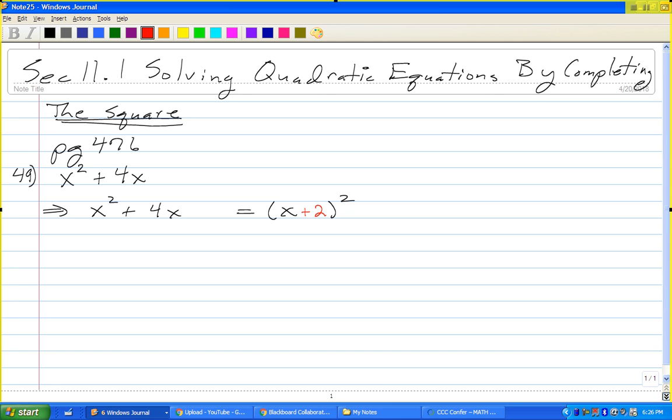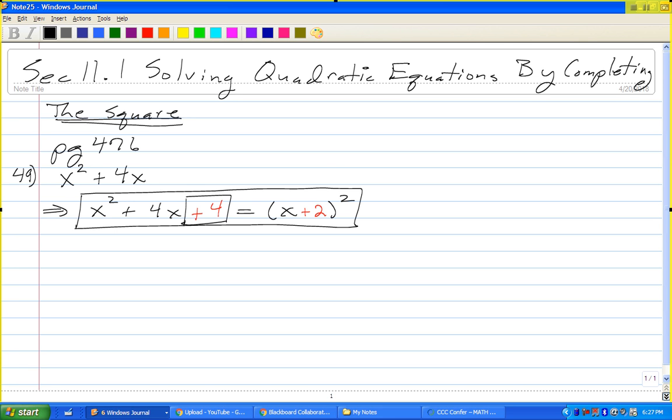And if I use the special product formula, I get that this is equal to x squared plus x times 2 times 2, 4x, plus 2 squared, 4. So the number that I should add to x squared plus 4x is the number 4.